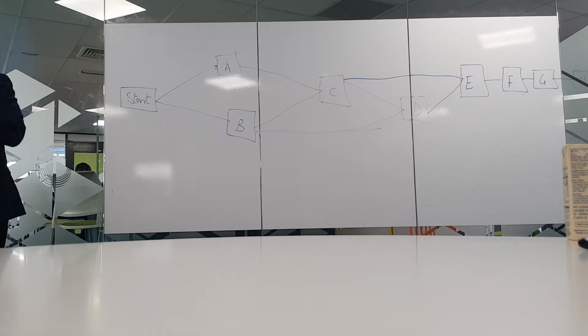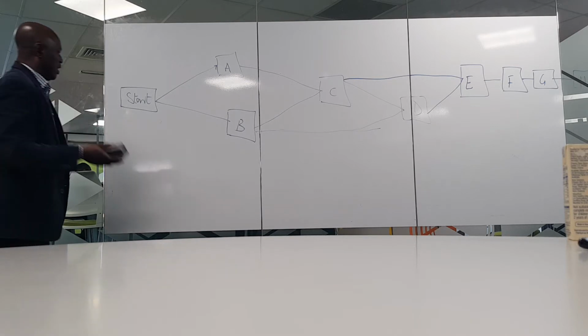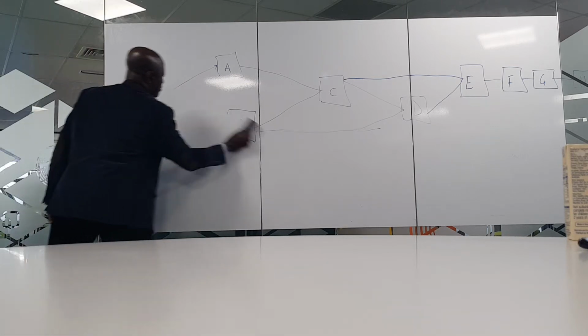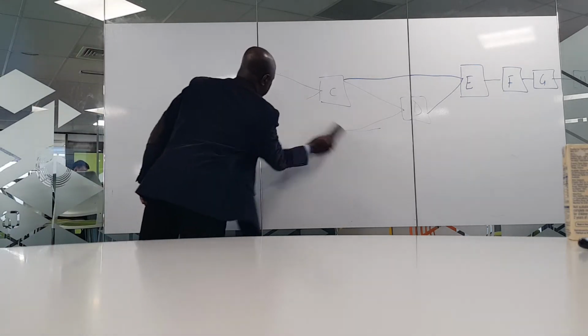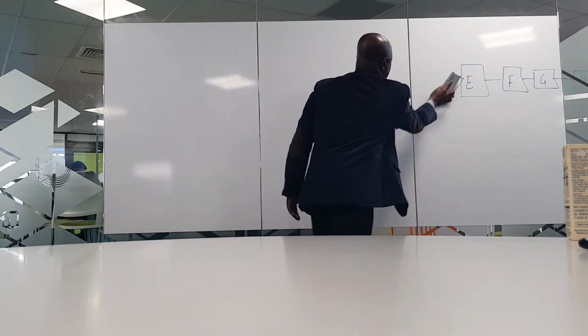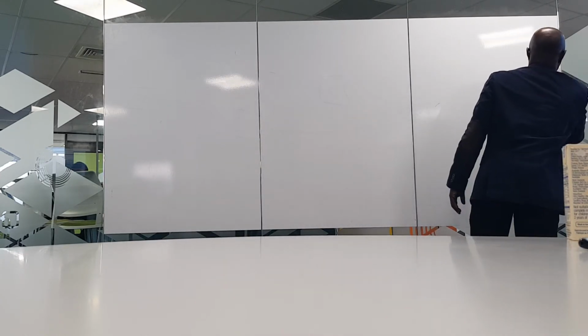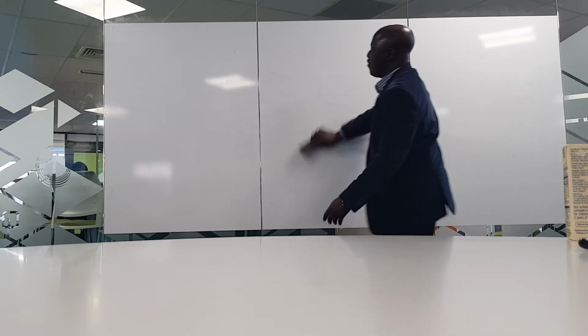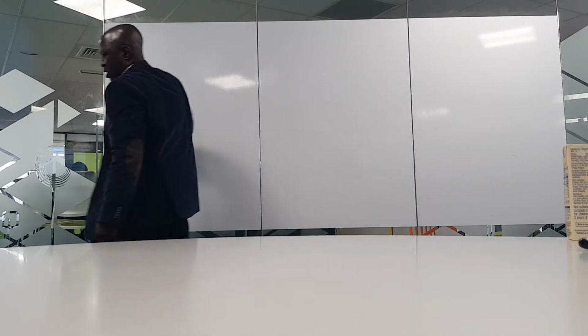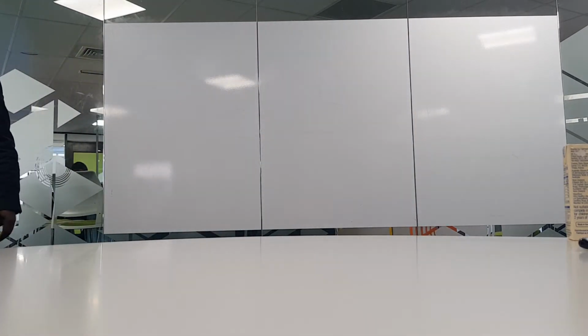Now we're going to use this to work on the next activity. I'm going to wipe this off now. There's not much technicality involved in this, but the next one we want to do may have some technicality.